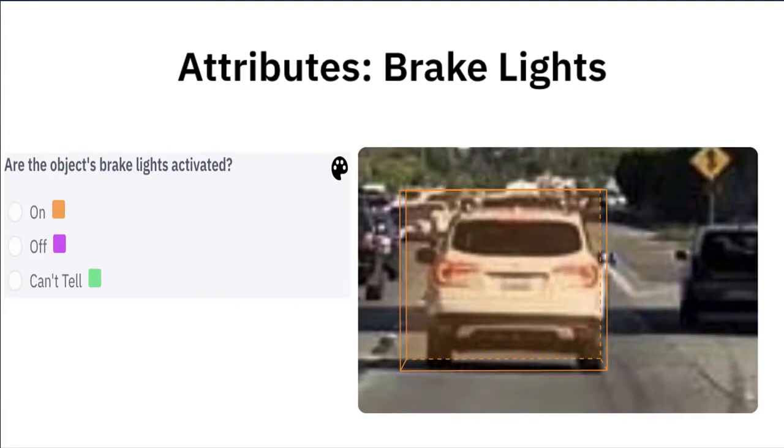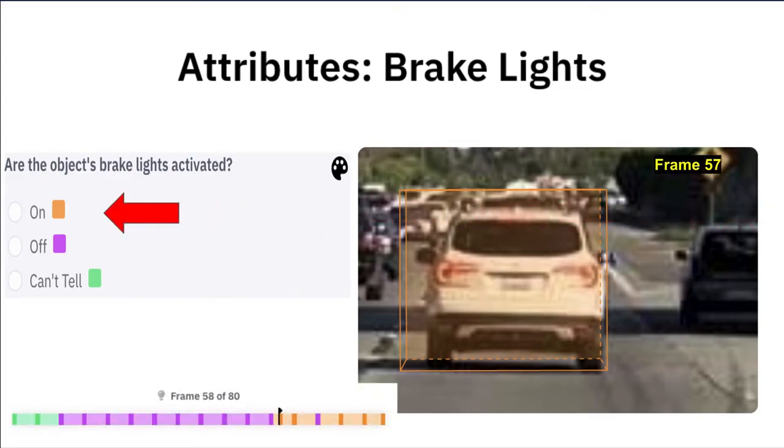When we clearly can see that the brake lights on a vehicle are activated, then we want to select on. And what that will do is color the cuboid orange, and it'll also color the frame orange too.